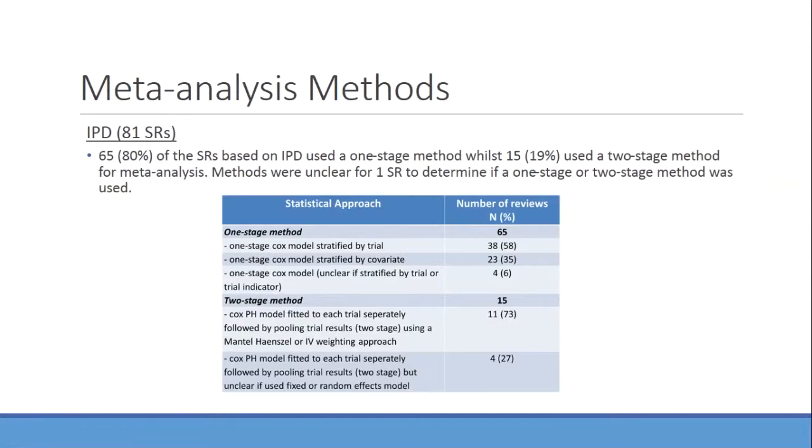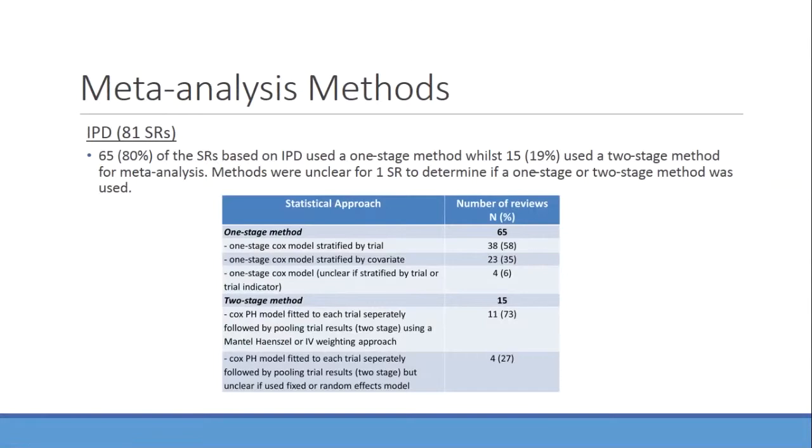So for the one-stage methods, the majority of the studies were either stratified by trial or stratified by a covariate, so either a trial characteristic or baseline characteristic. And for 4 of the reviews, it was unclear what they'd stratified by.